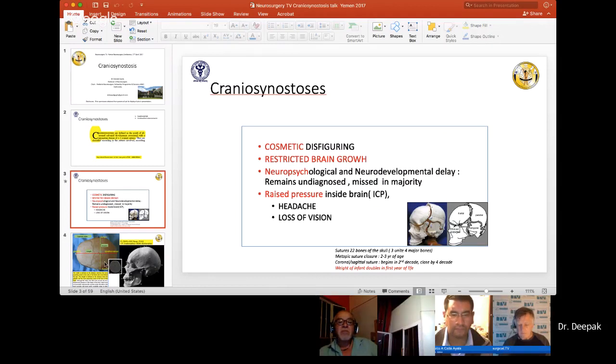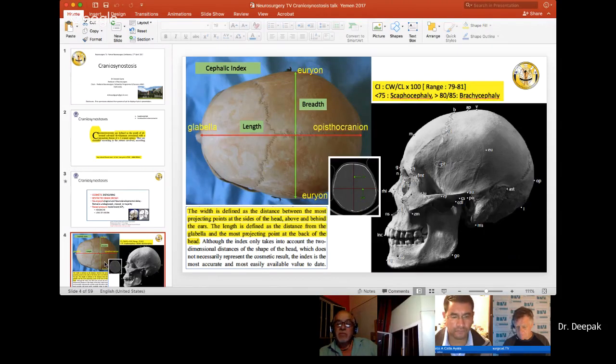Now, this is the thing which I always teach to all my residents. Please learn how to calculate the cephalic index, because this is one of the commonest morphometric markers used in clinical practice by surgeons all over the world. The cephalic index is calculated by dividing the maximum cranial width by the maximum anterior-posterior diameter, or the cranial length.